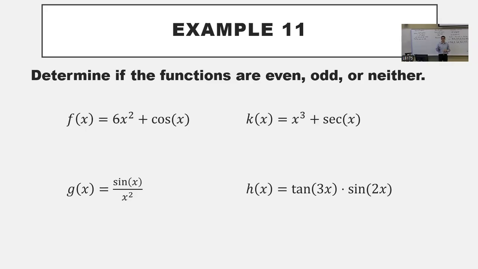If you add an even plus an even function, positive plus positive, you're going to get out a positive, right? Here we have a negative number and a positive number. Sometimes those will add to a negative, sometimes to a positive. It's indeterminate.